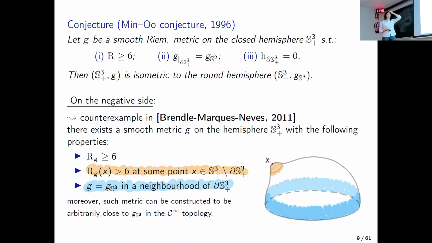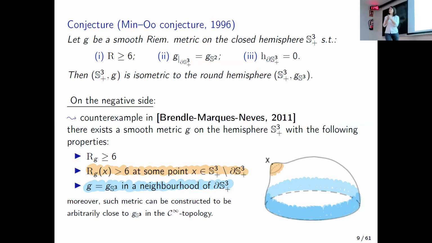They proved that there exists a smooth metric g, actually there are many of them, on the hemisphere with the following property. They satisfy the three conditions that we had before, so the scalar curvature is bounded below by 6, but you cannot identify it with the model solution, because there is at least one point, the orange point, at which the scalar curvature is strictly greater than 6.